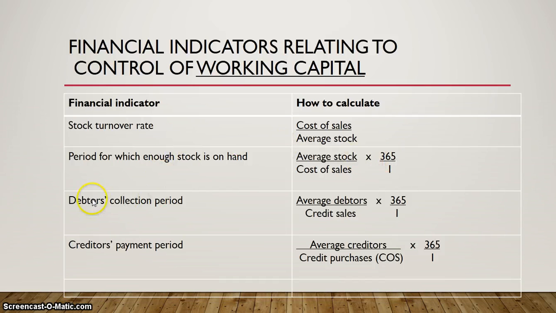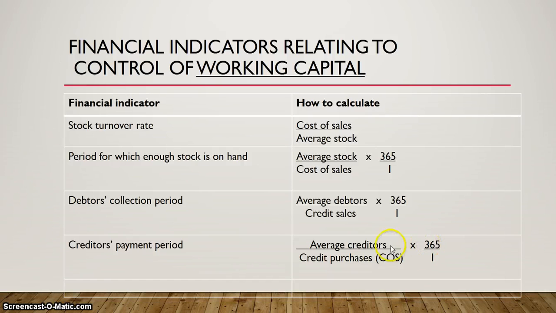In the case of debtors collection, I take my average debtors over my credit sales times 365. Creditors payment period, I take my average creditors over my credit purchases, which is generally your cost of sales, and you times that by 365.